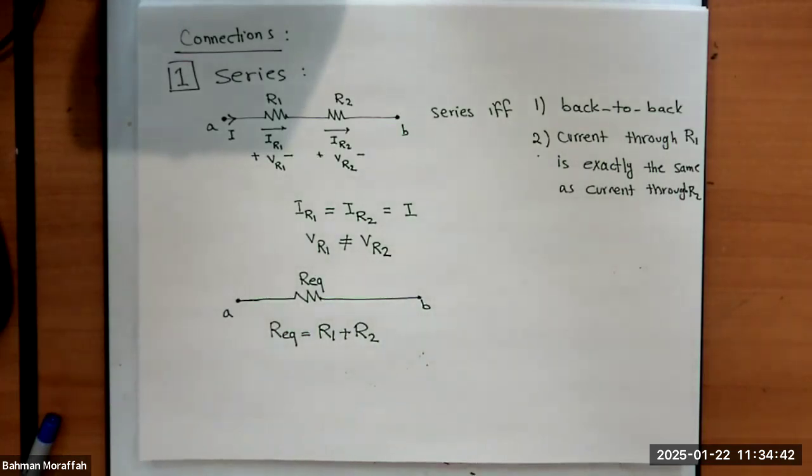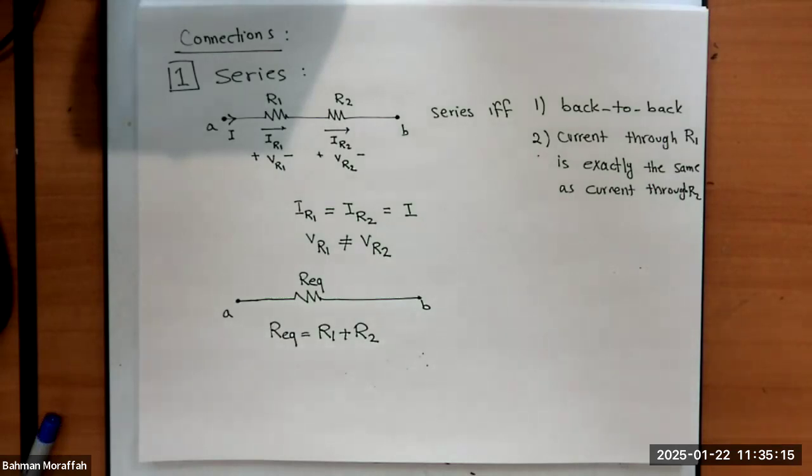Let's understand this a little better. Remember, this is equivalent. And by that, we mean everything outside about this should be the same as whatever I have on the top. Basically, if I look from point A and B, these two things should be exactly the same. So what can I say about current through this R equivalent?